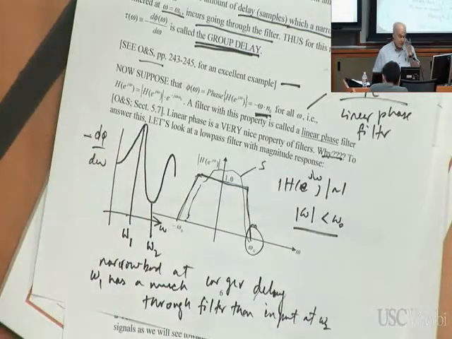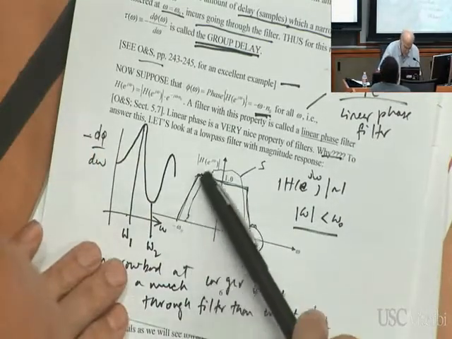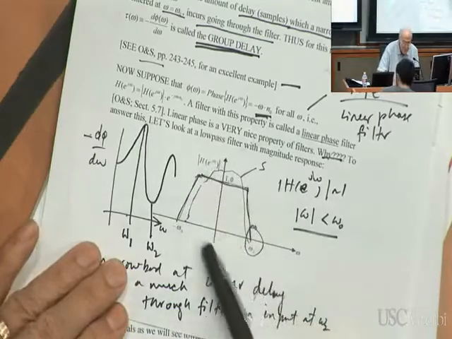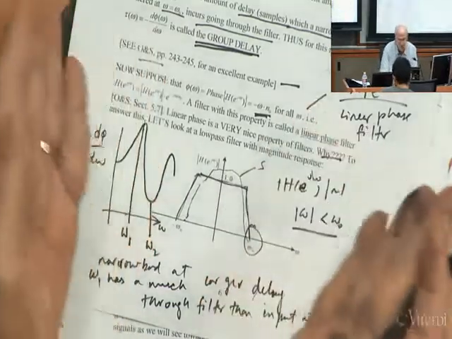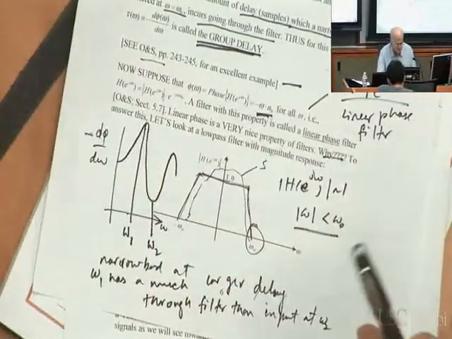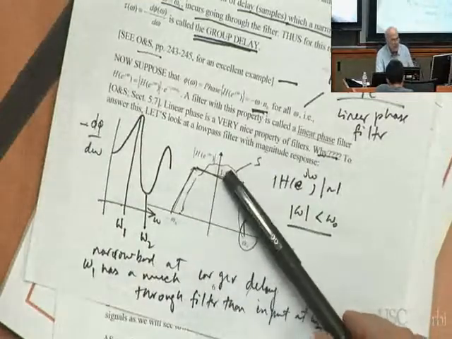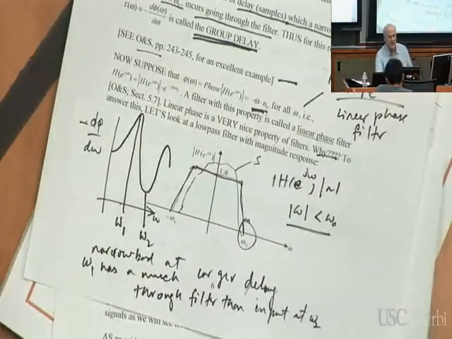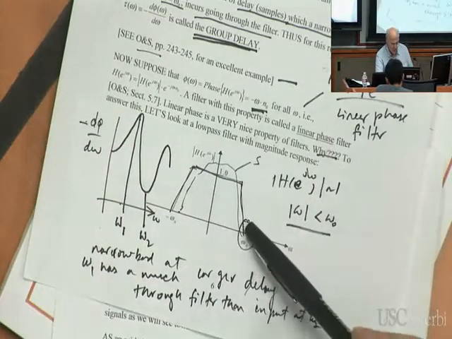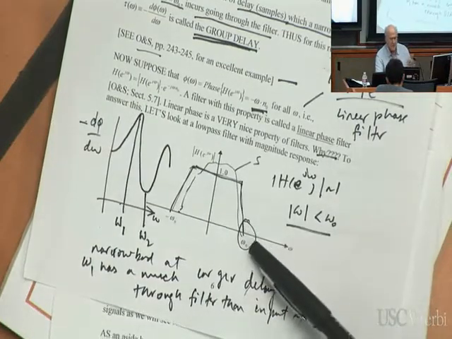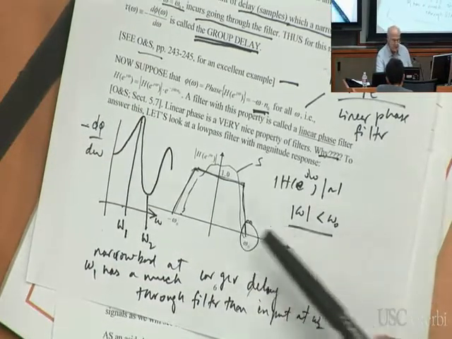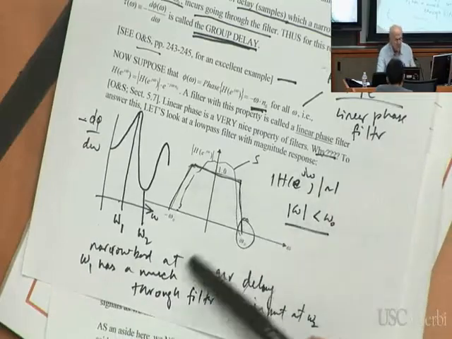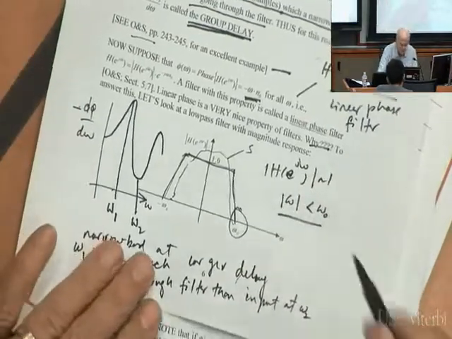Okay? All right, so the DTFT of S is all contained inside what we're going to call later on the passband of this filter. So S will not be attenuated. The filter won't do anything to S. So when the input signal's DTFT is nonzero, so is the filter. So the filter in magnitude doesn't do anything to the signal.